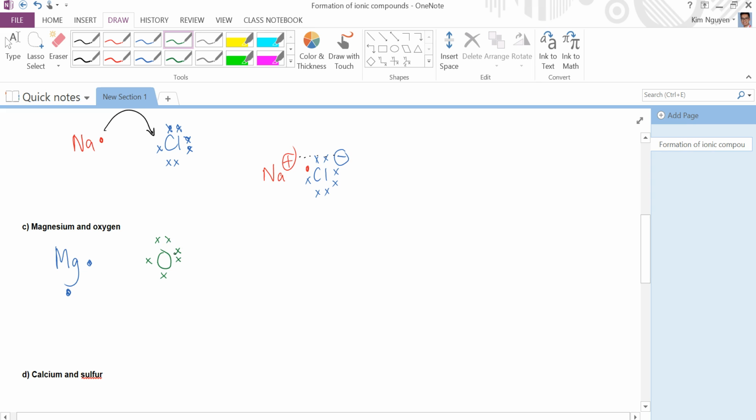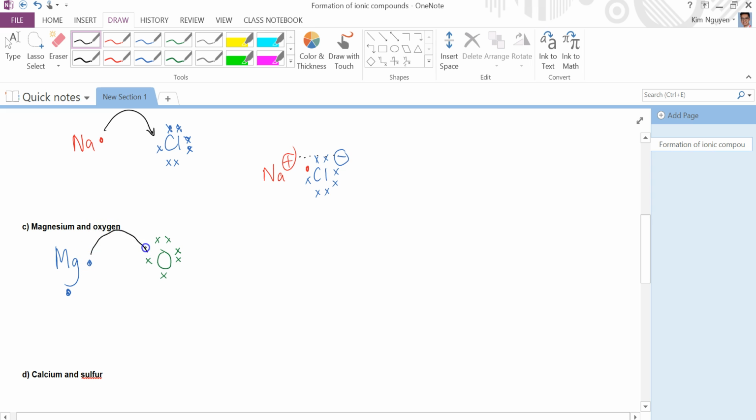Now, for magnesium to obtain a full outer shell, the easiest and most efficient way would be for it to lose those 2 outer shell electrons. So it would transfer them away to a non-metal. Oxygen is one such non-metal. Oxygen would love to be able to gain 2 electrons to complete its outer shell and become an octet.